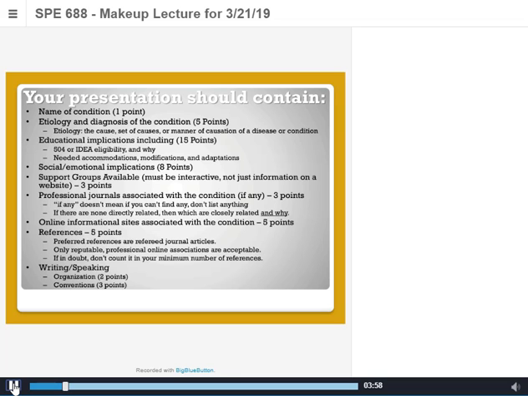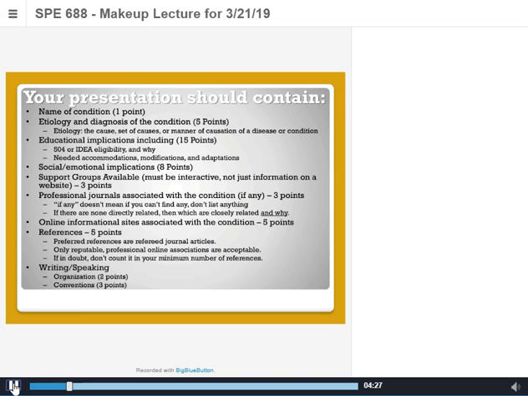So if there's not something like that, or if there is and you just want to also provide some information about online support groups, that's great. Just remember, it has to be interactive. So things like live chats or an interactive Facebook group or a message board. It doesn't have to be live necessarily, but it does have to be interactive.